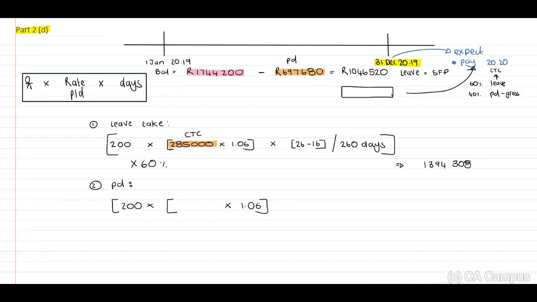Therefore, this is the 240,000 times my days, which will accumulate, divide by 260 days per year, times 40%, and this will be an amount of 782,769.